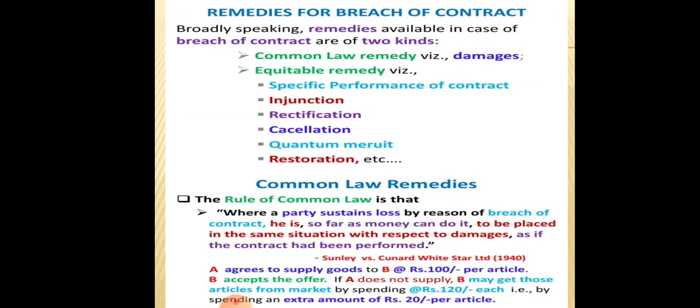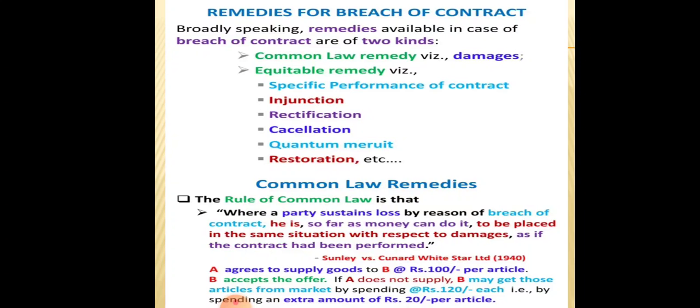Suppose a party wants to rectify their contract and is ready to perform their duties, then they can have rectification of a contract. In other cases, if the parties are not ready and the contract is impossible to perform, they can cancel the contract. Then quantum meruit, then restitution, all these are remedies available for the breach of contract.